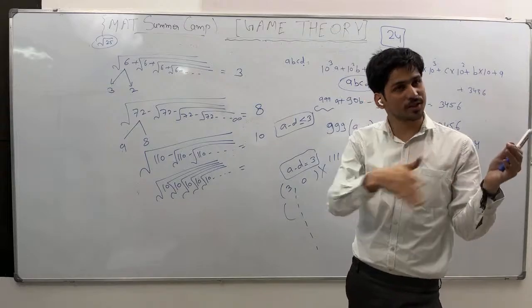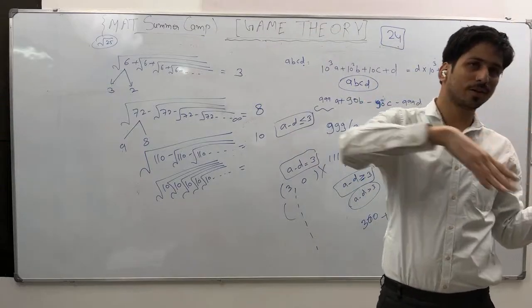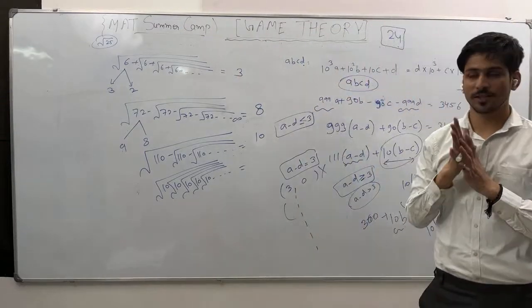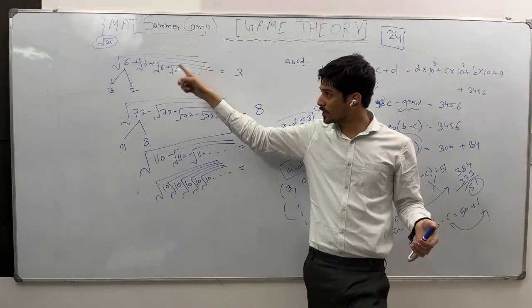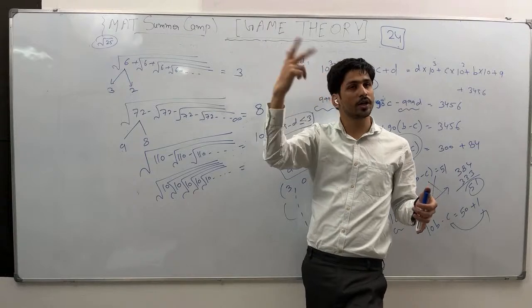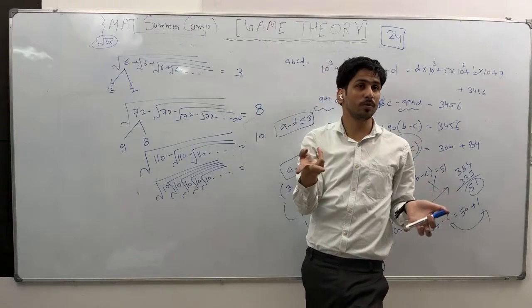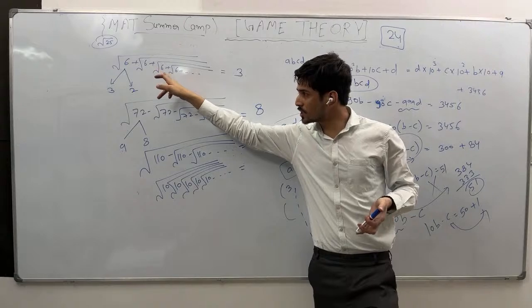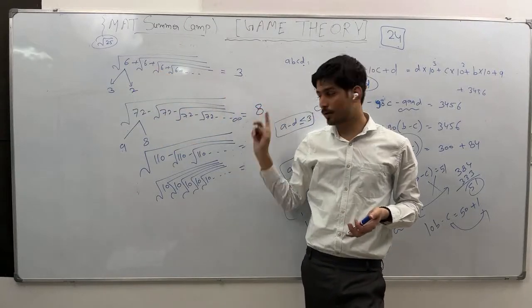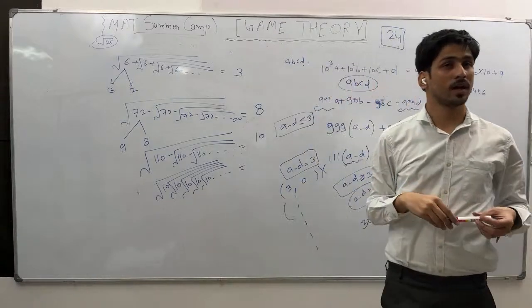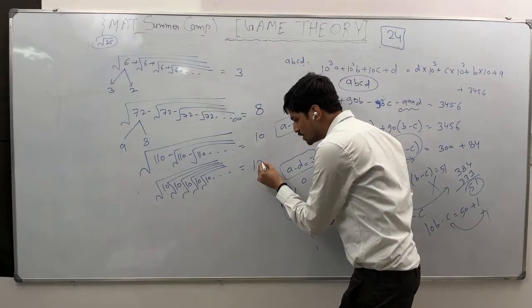Let's say it goes root 10, then root 10, root 10. Here also it is infinite, but I have told you the trick. You factor the given number such that the product is the given number and the difference is 1. If a plus sign is given, then the greater number will be our answer. If a minus sign is given, then the least number will be our answer. So in this case, the answer will be the same number.